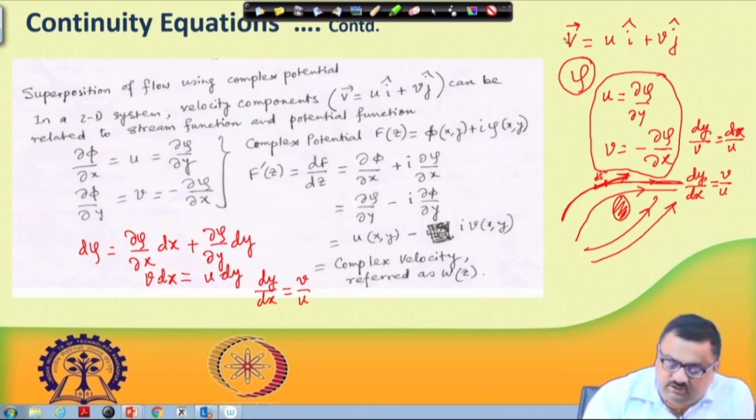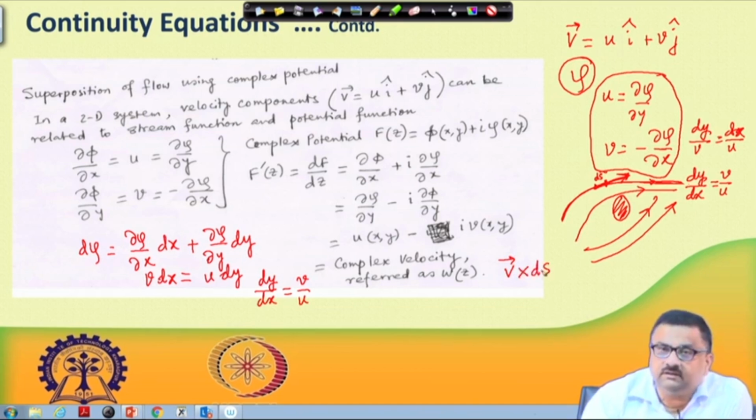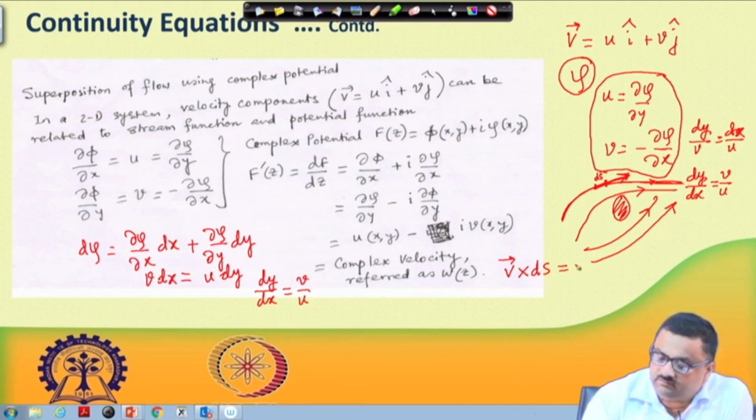There is another way to look at it also. The tangent to the streamline and the velocity are in the same direction. You can write this as v cross ds has to be equal to 0.